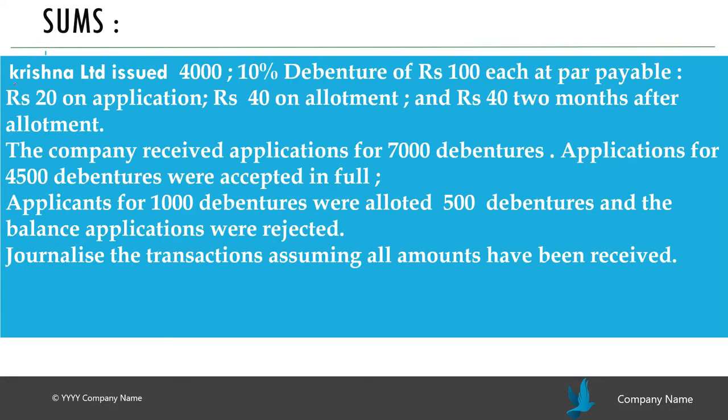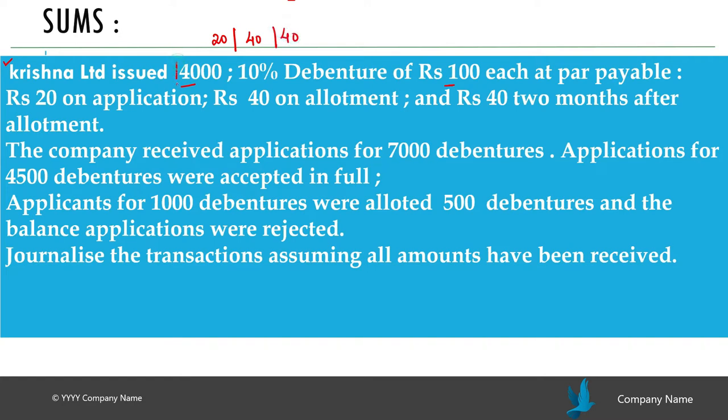Now let's understand it better with this sum. It's been given that Krishna Limited issued 4,000 debentures of rupees 100 each at par. Rupees 20 was supposed to be received with the application money, 40 on allotment, and the rest 40 on first and final call.